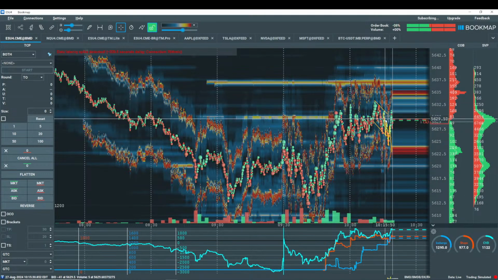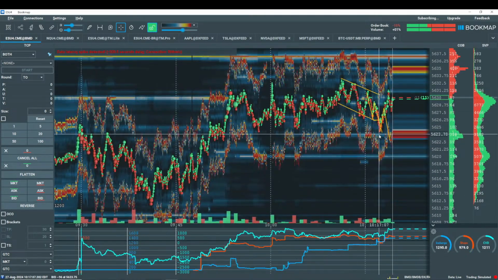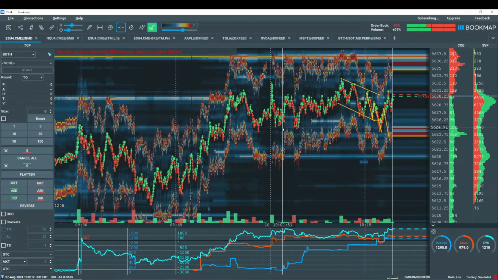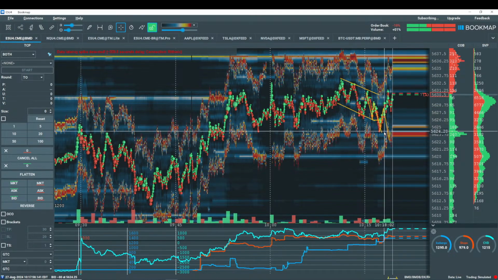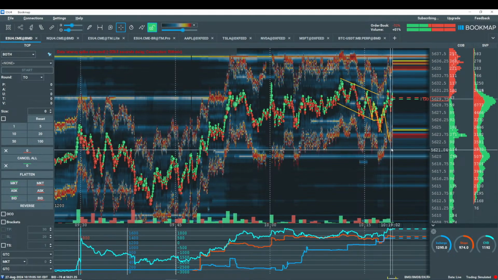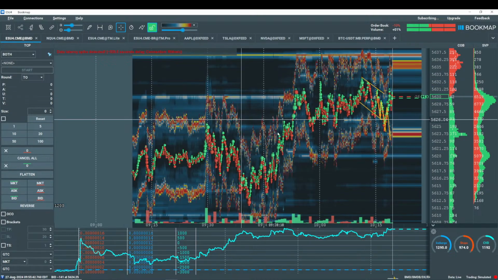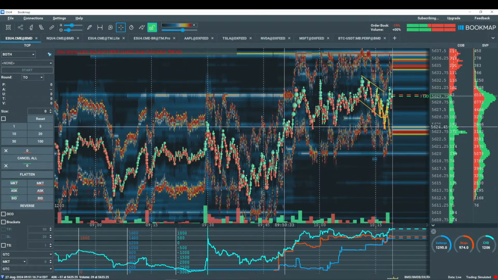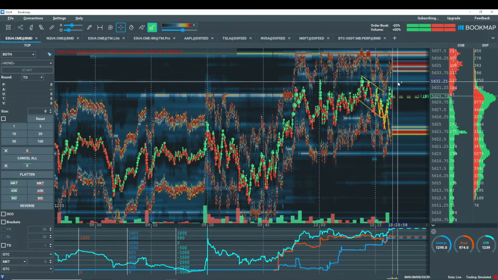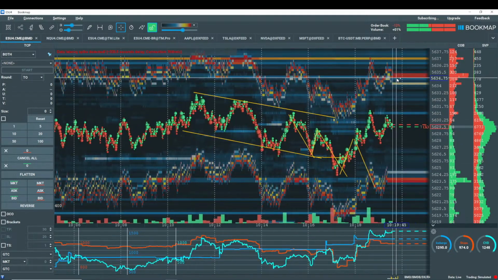So that's why we were originally looking for this pullback. Okay, but now we're gonna switch gears because we got our pullback. We're going to switch gears and we're going to look for our continuation move now with this reversal pattern in here. And this is the reversal. Here's leg one. This is the chop, and now we're looking for leg two.